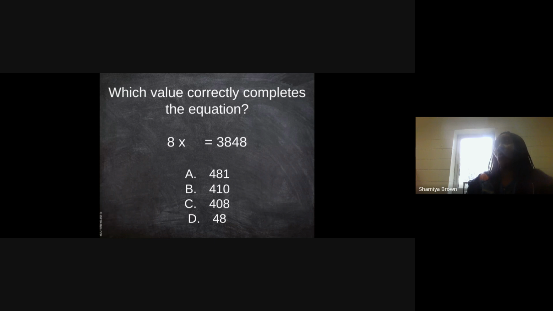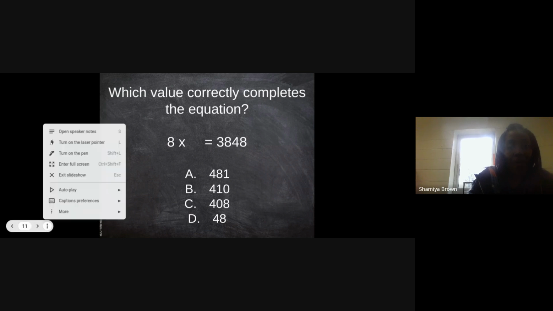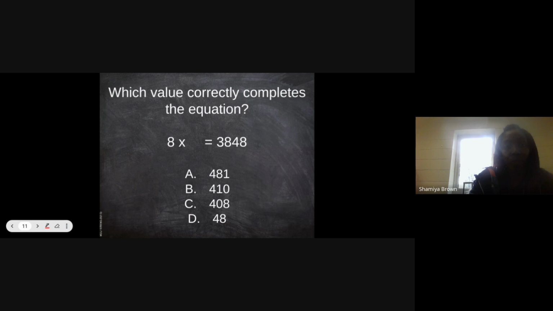I'm going to divide. The inverse operation of multiplication is division. So I'm going to do the opposite and divide 3,848 by 8. And that'll tell me what that missing number is.